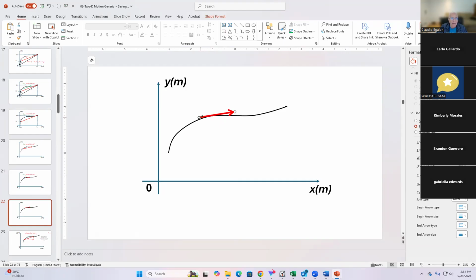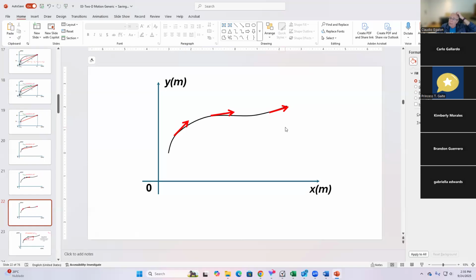Similarly, I'm going to shorten it a little bit so I can put the tail of the vector exactly at the position where I want to illustrate the instantaneous velocity. Elsewhere, like here, the instantaneous velocity vector is going to be like that. And in another point, right in here, it's going to be like that, and so on.